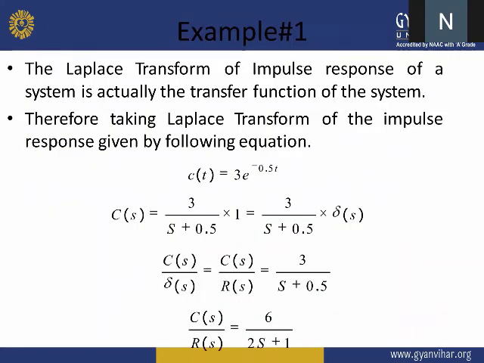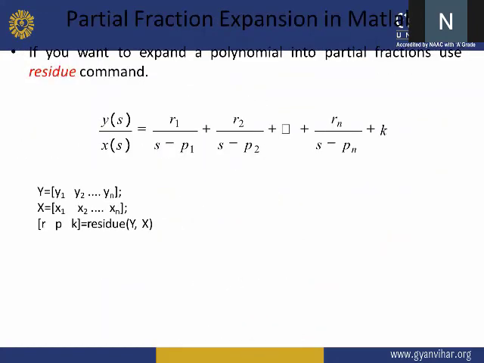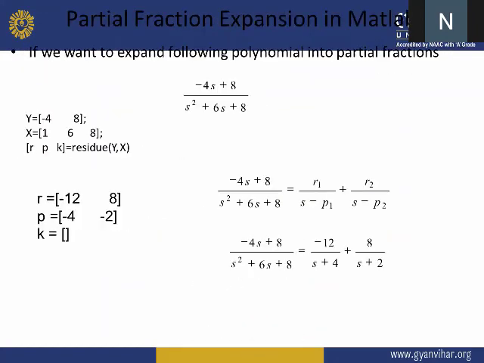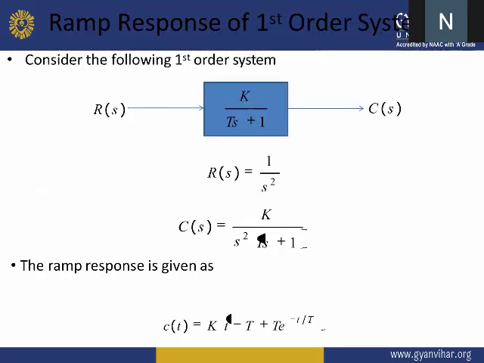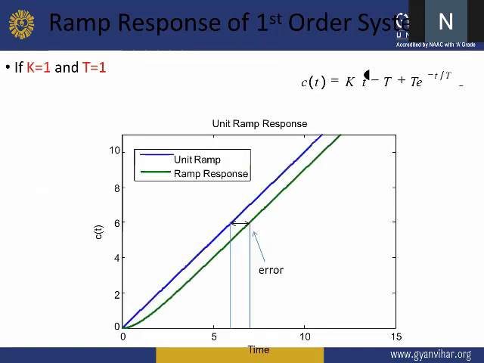We have taken some examples as well. We have seen the partial fraction expansion and how to implement it in MATLAB using the residue command. We have seen the ramp response for the first order system, how the ramp responses look and how the errors are introduced.